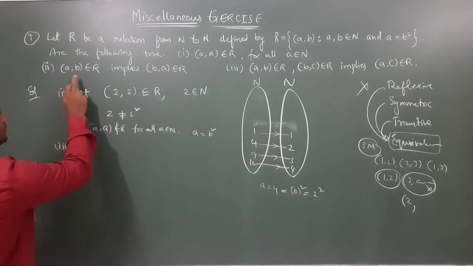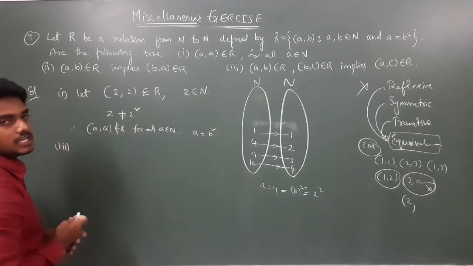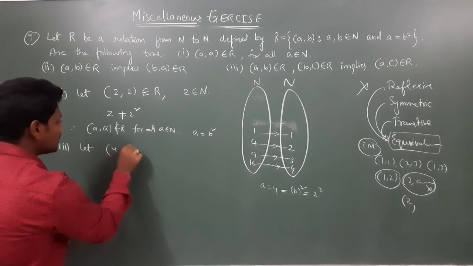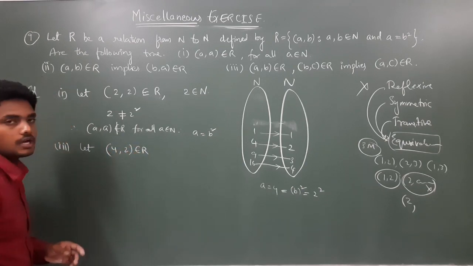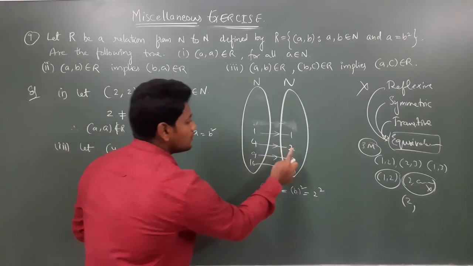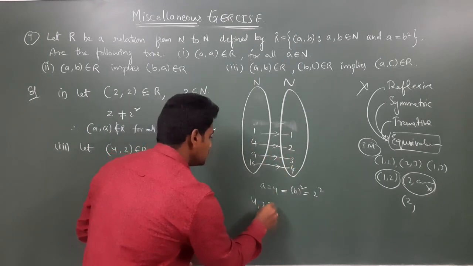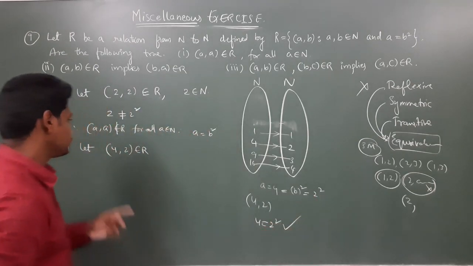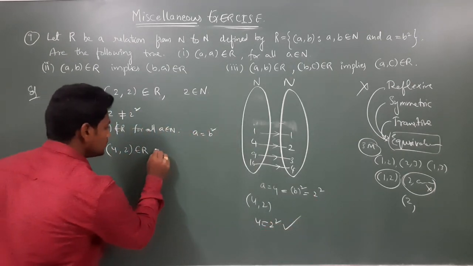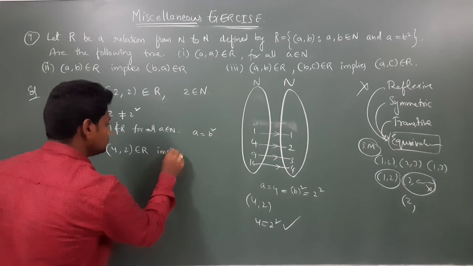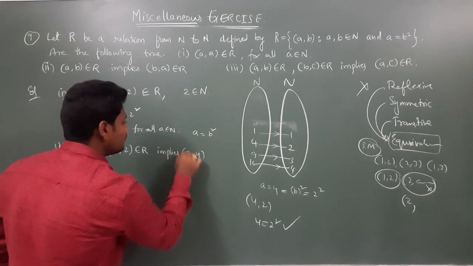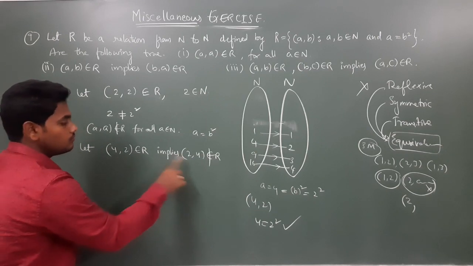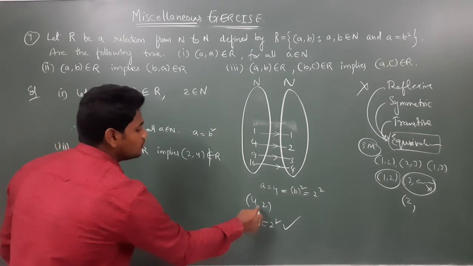Next, symmetric. If (a, b) belongs to R, implies (b, a) belongs to R. See, let (4, 2) belong to R. If we take (4, 2), 4 equals 2 square, so it will satisfy. So (4, 2) belongs to R, but (2, 4) does not belong to R. See carefully. (4, 2) belongs to R because 4 equals 2 square.